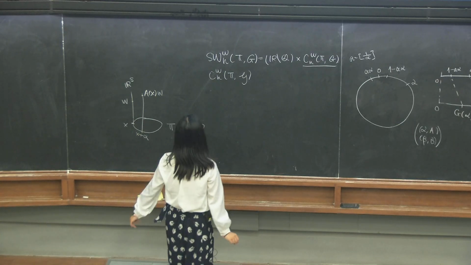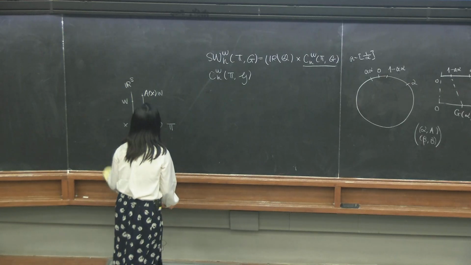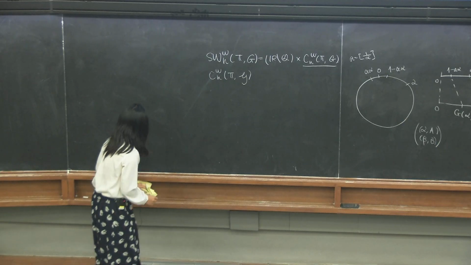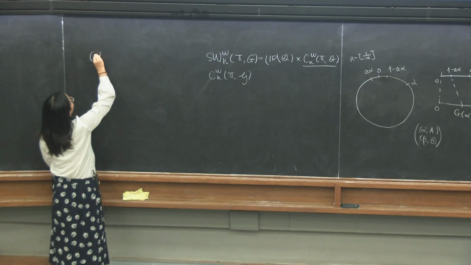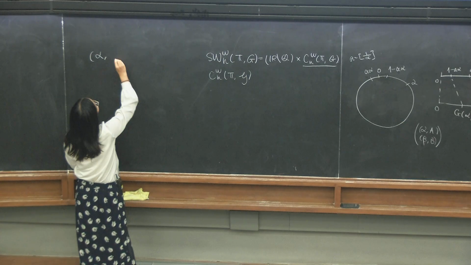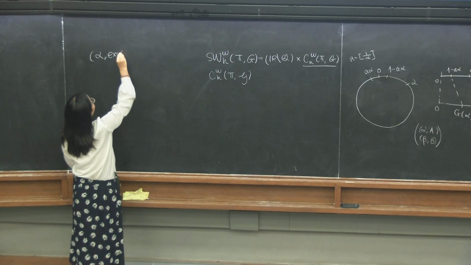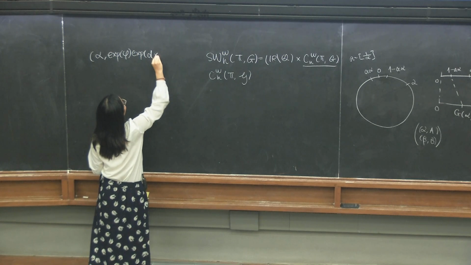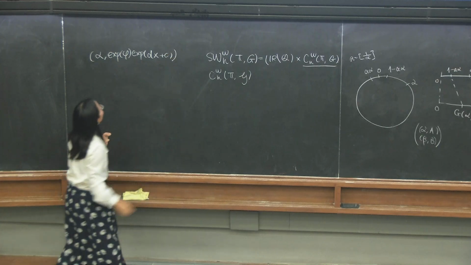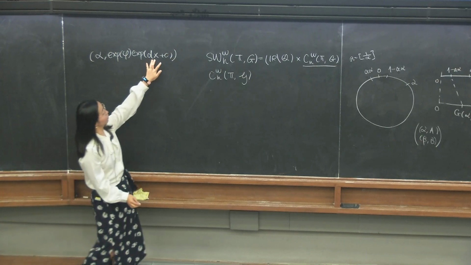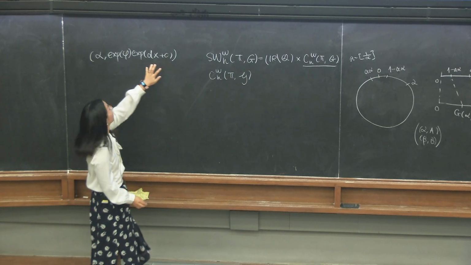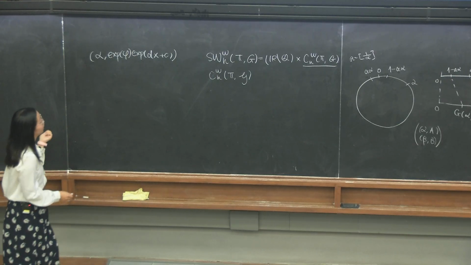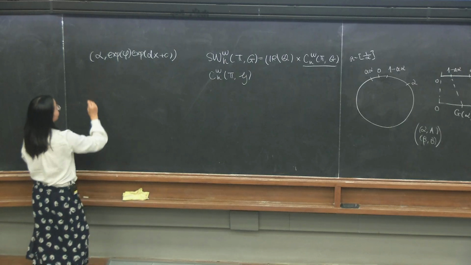But there's something more I would like to point out. Our cocycle alpha, in the neighborhood, we can always write in this shape: alpha is exp(dx + c) and exp(phi). One point is the t part.